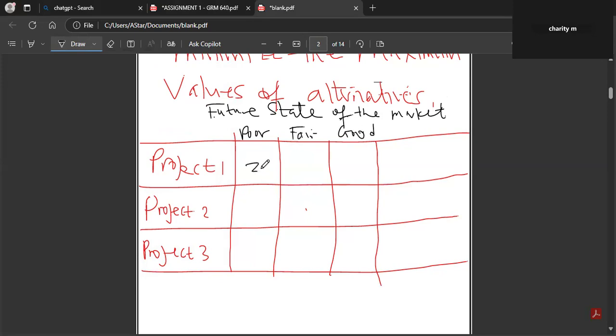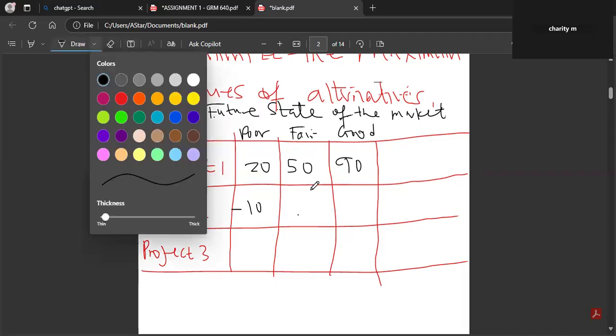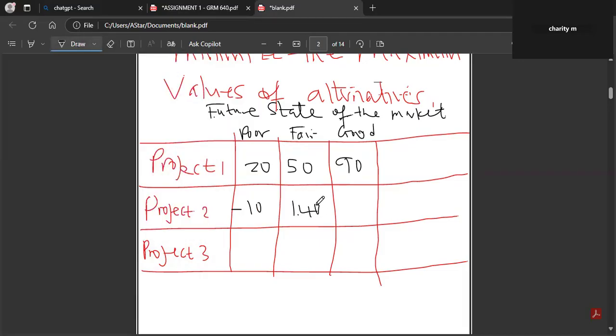So here we have 20, 50, 90. Then negative 10, 140, 150. Then negative 200, 30, and 250.